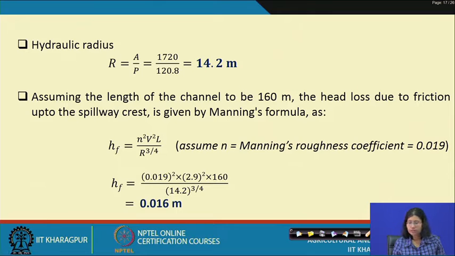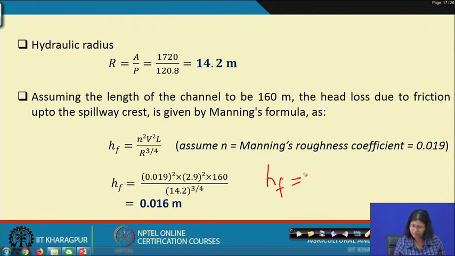And now, we calculate the frictional head. Assuming the length of the channel as 160 meter, the head loss due to friction up to the spillway crest is given by the Manning's formula. The head loss is calculated using the Manning's formula that we also studied in the spillway design. So, here we use the equation, where S comes from the Manning's formula.